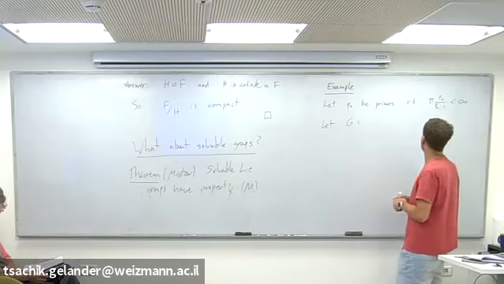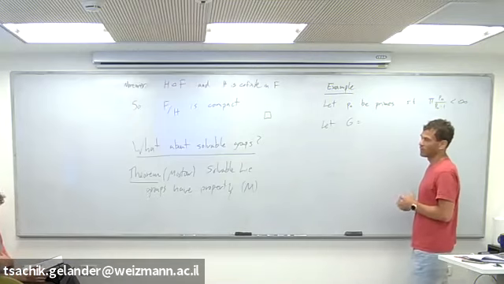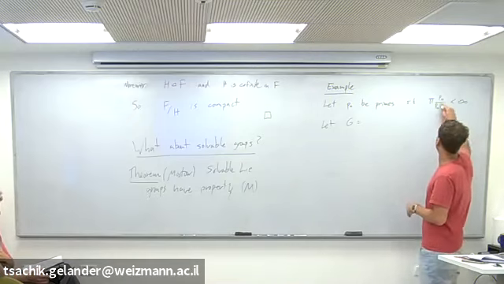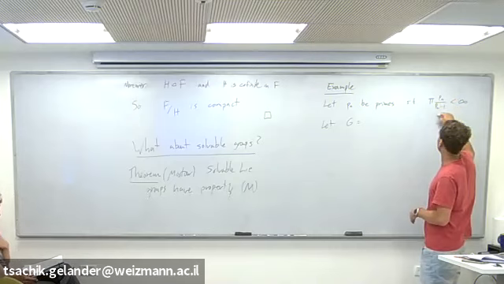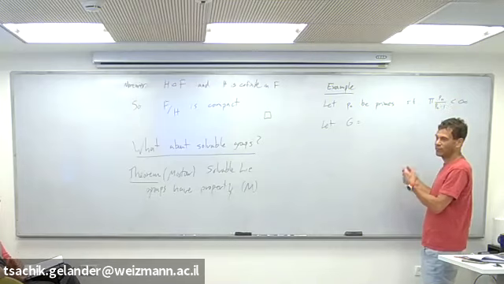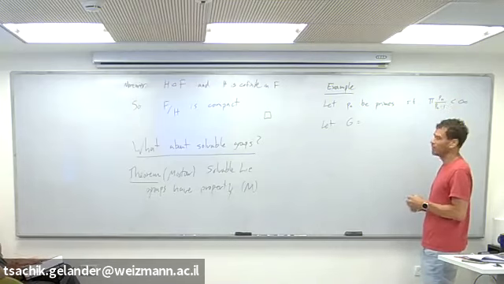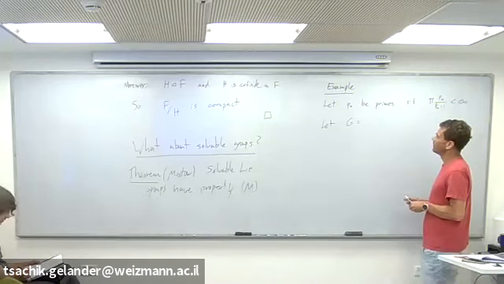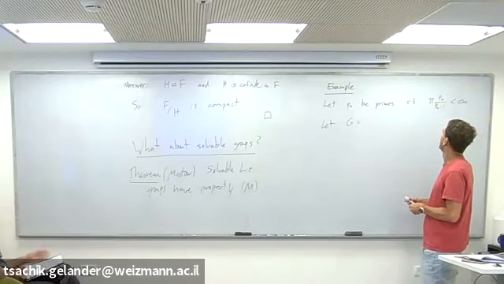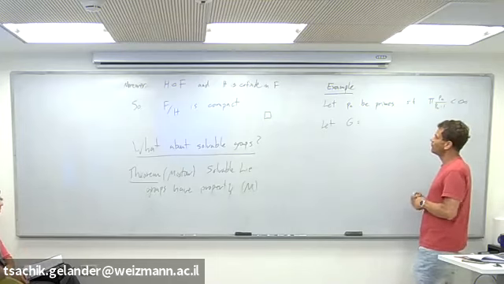So p_n minus 1 is larger, so this is a number that is a bit larger than 1 if p is very large. So you take p large. And basically, okay. So let G be the following group.